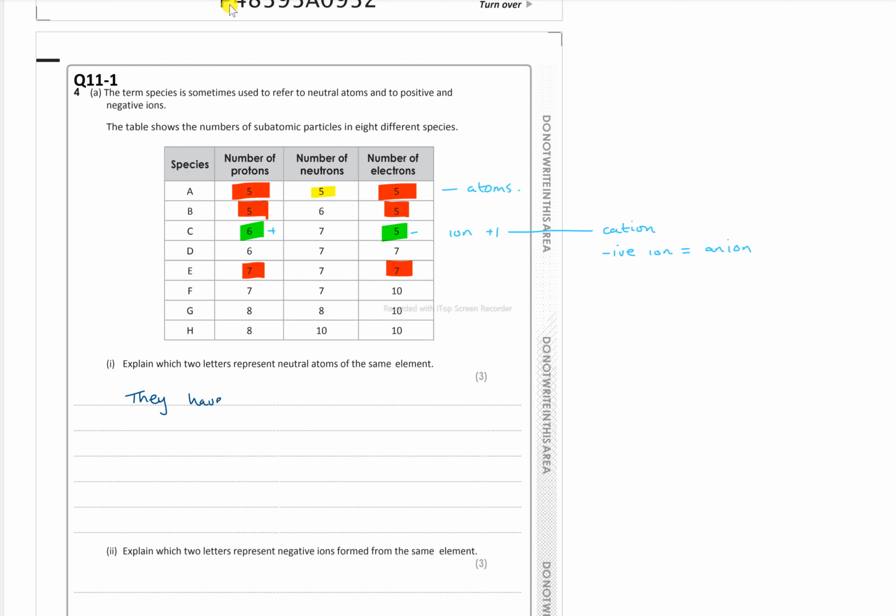They have the same number of protons and the same number of, I was going to put neutrons, electrons. For an atom to be an atom, it has to have the same number of protons and the same number of electrons.